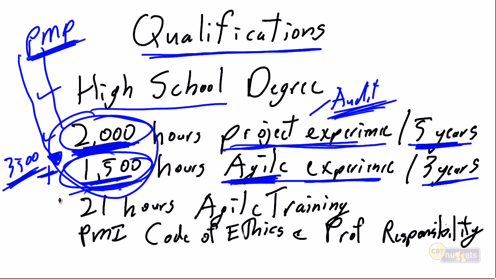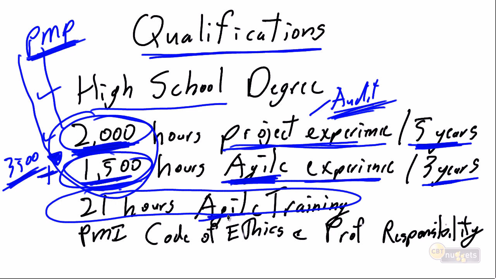In addition to that, you need to supply evidence to PMI that you have got 21 hours of direct Agile training. And the good news is CBT Nuggets is a registered education provider, an REP, with PMI.